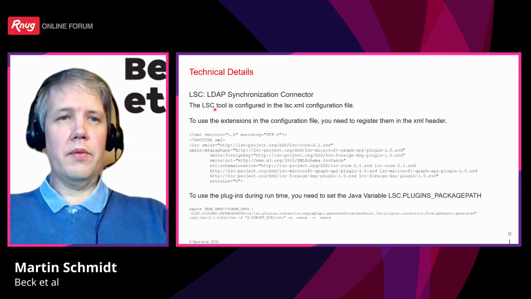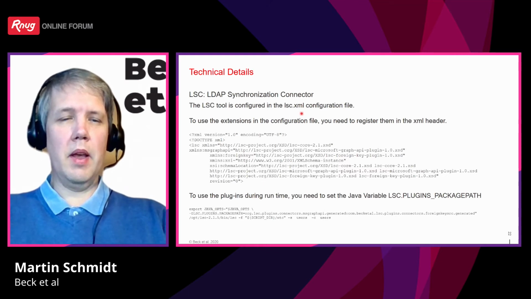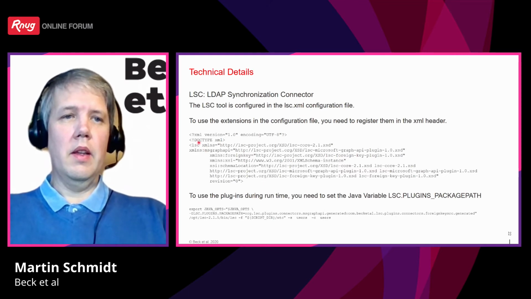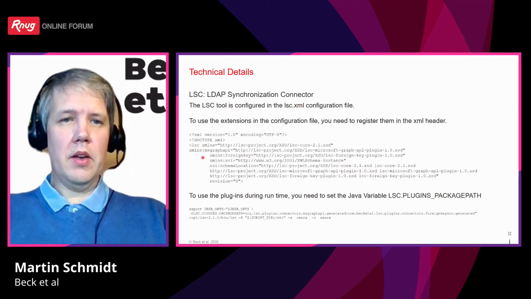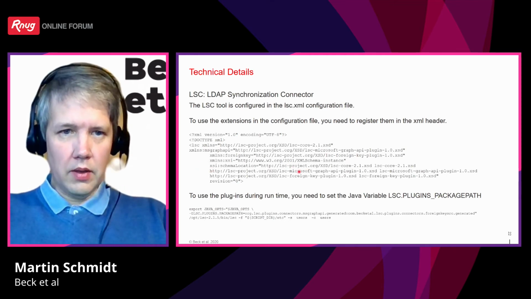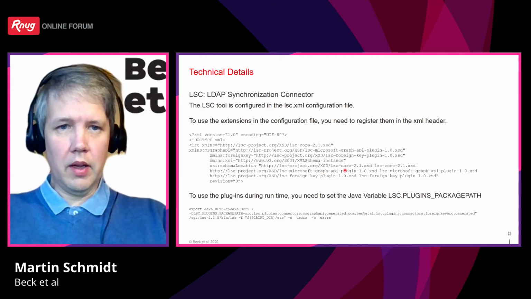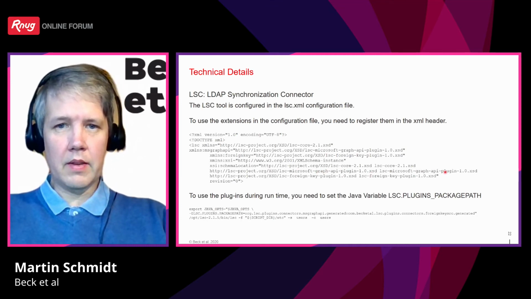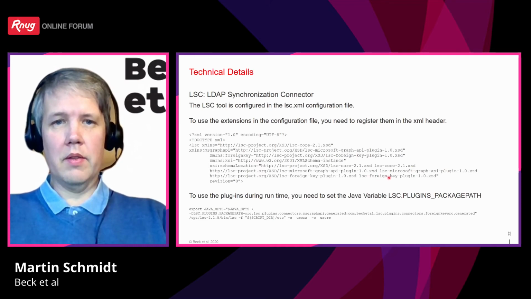Of course, you have to configure it a little bit. When you go to the configuration, first in the header of the configuration file, which is named lsc.xml, you have to make the configuration schema extensions available. So you can see here this line where I reference the extension for the Microsoft Graph API, and here I reference the foreign key plugin.